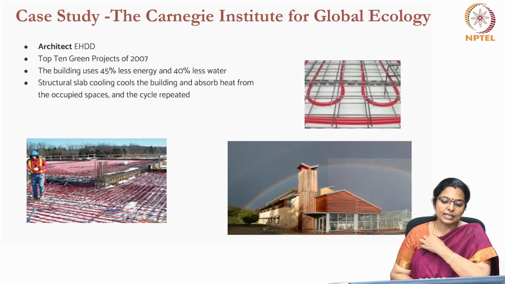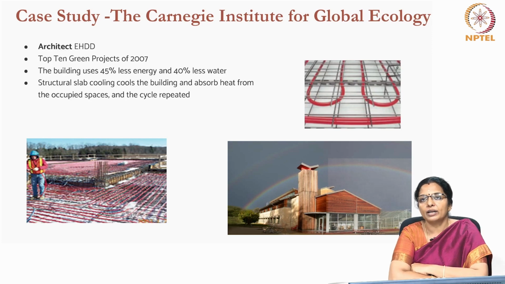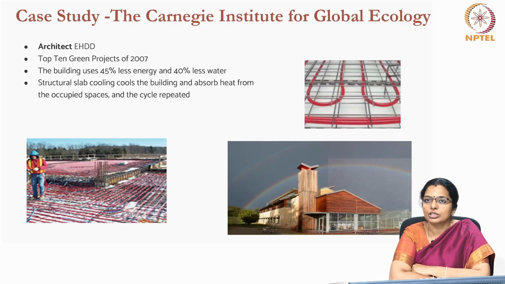We will see the example of the Carnegie Institute for Global Ecology. Now, this is one of the top 10 green projects in the year 2007. When it was built, it was a much hailed project because of the conscious attempts the building has made to reduce its energy consumption. The building uses 45% less energy and 40% less water than a benchmark similar building.